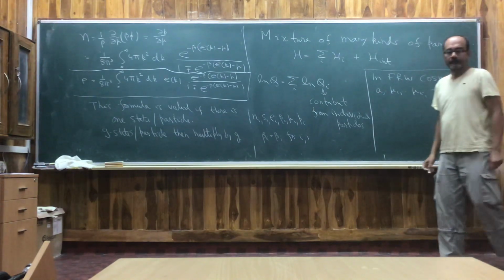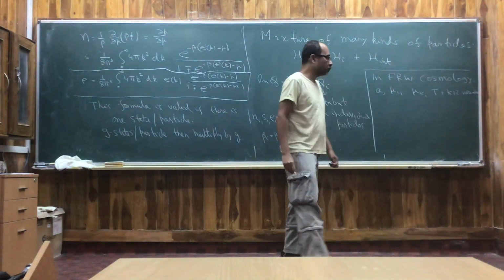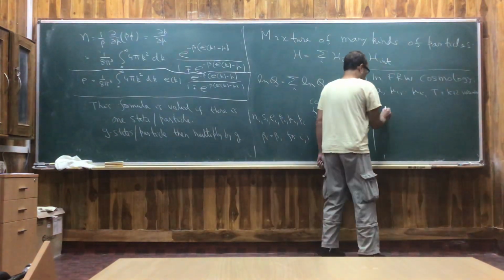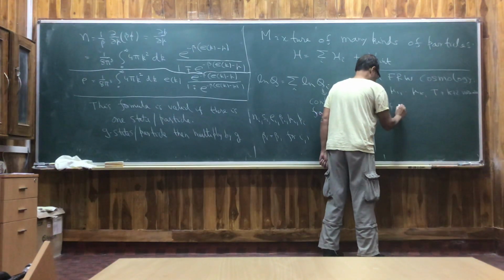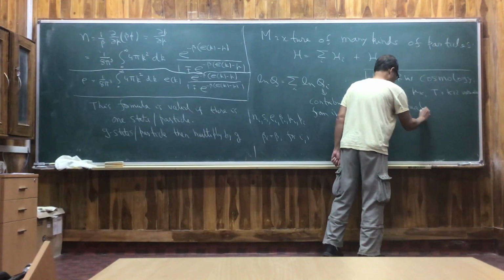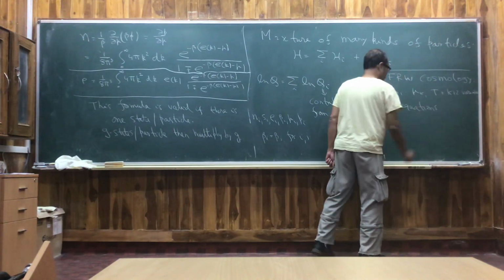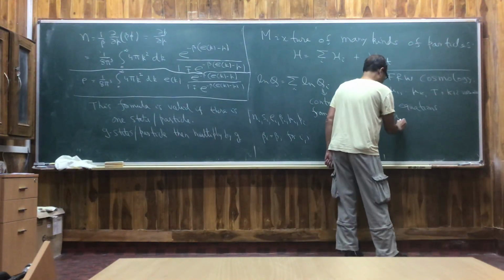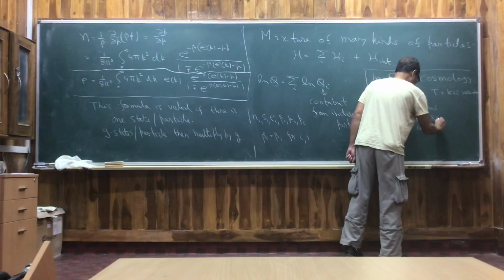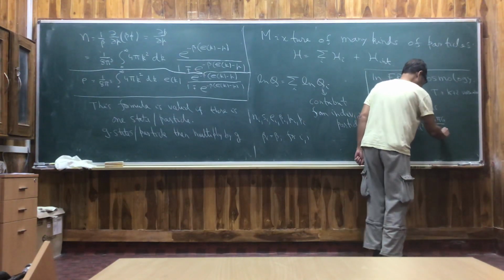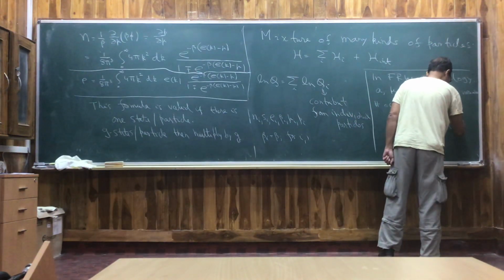How many equations do we have? So first you have the Friedman equation: a dot over a squared plus a over a squared equal to 8 pi G over 3, and then sum over i equal to 1 to k of rho i plus rho lambda.